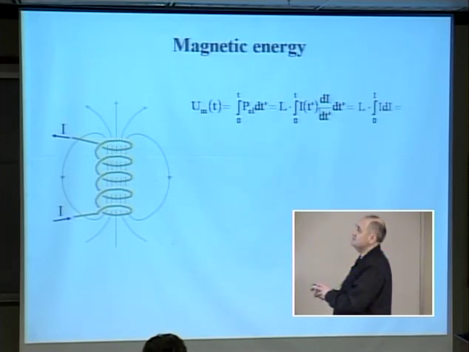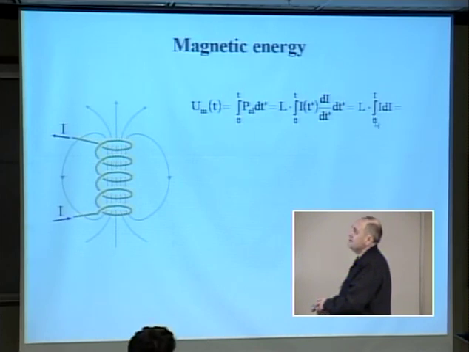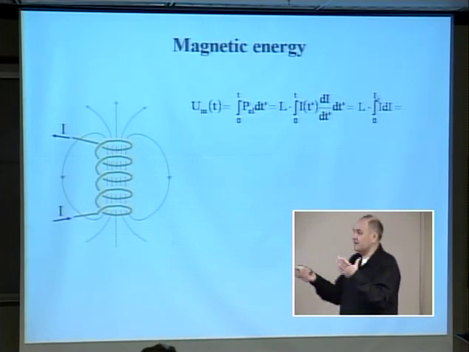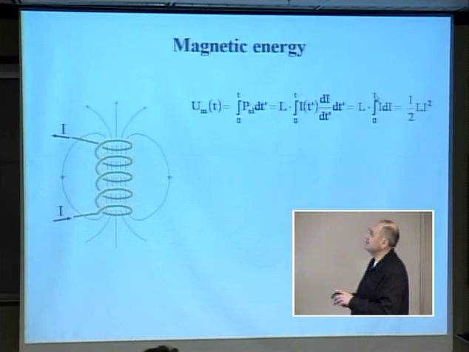Now I can recognize that here I can easily change the variable. Rather than having time as the variable, I can change it to current. I would have to change the limits appropriately as well, from the situation where we have 0 current to the current which produces this magnetic field.